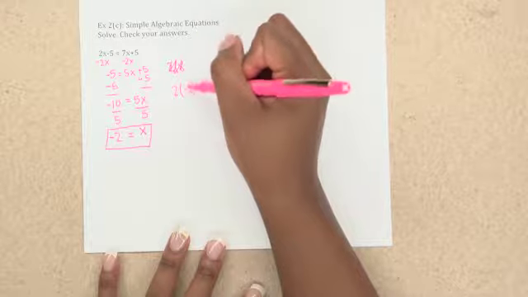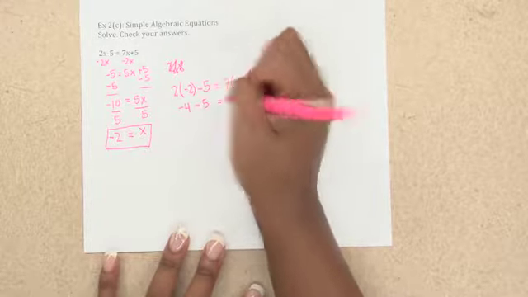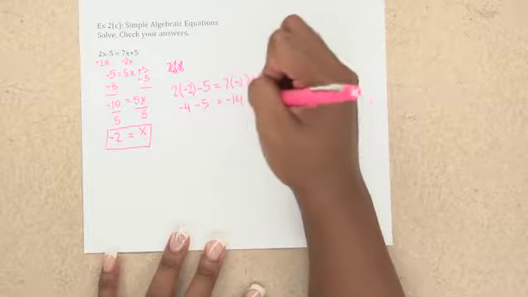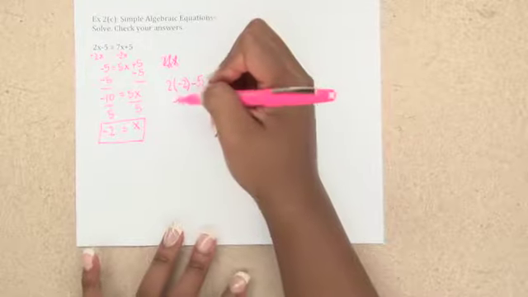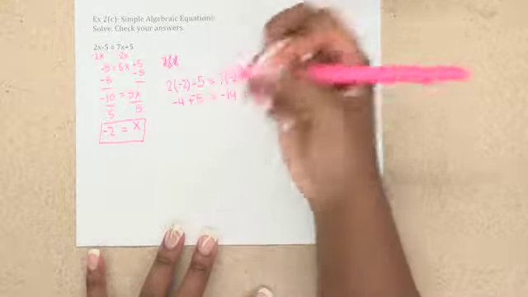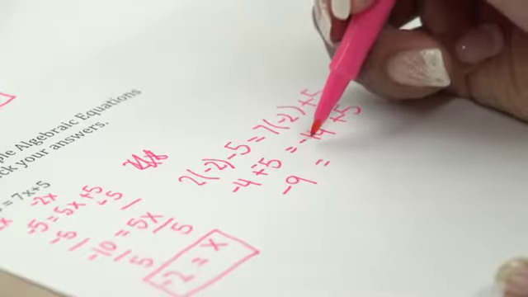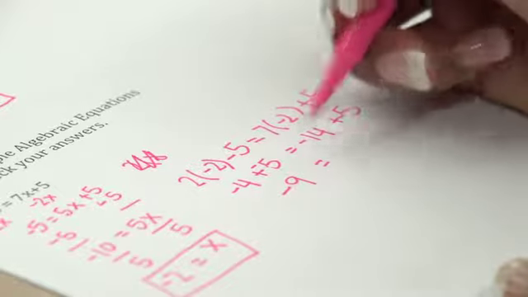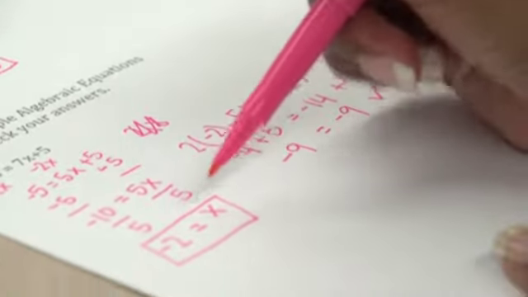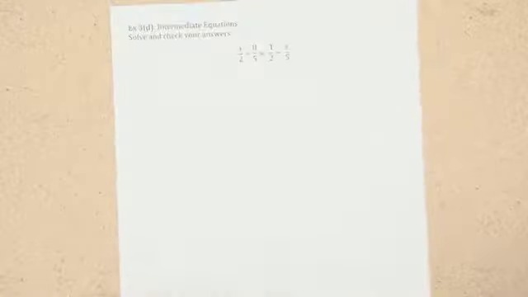So negative 2 times 2 is negative 4 minus 5 should be equal to 7 times negative 2 is negative 14 plus 5. Negative 4 minus 5, or negative 4 plus negative 5, is going to be negative 9. And negative 14 plus 5 is also going to be negative 9. So we know that our answer is correct, and indeed x equals negative 2 does solve this equation.